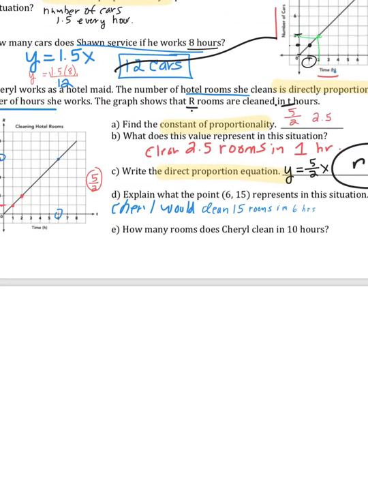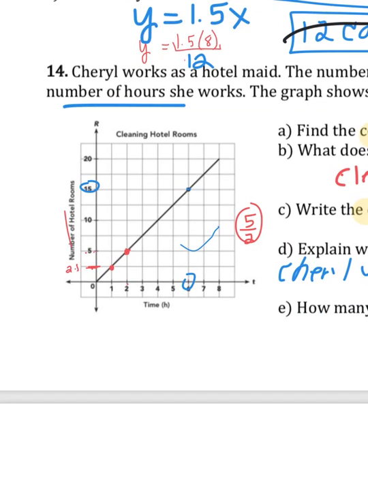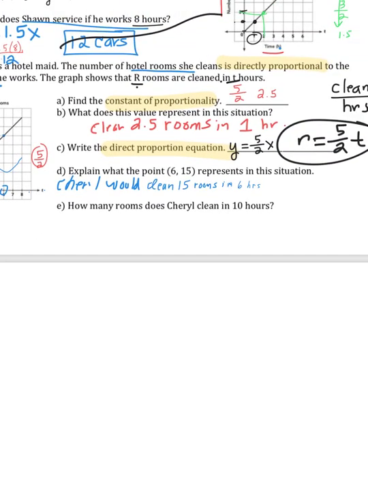Okay, so how many rooms does Cheryl clean in 10 hours? Let's look at the graph. Well, this graph doesn't go up to 10 hours, so I'll use the direct proportion equation. The rooms she cleans is 5 over 2 times 10 hours. So I'm basically going to multiply that 5 halves by 10.